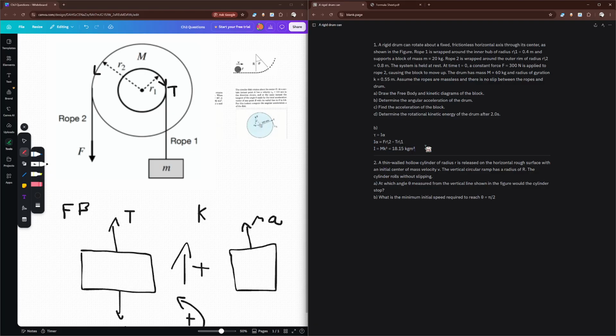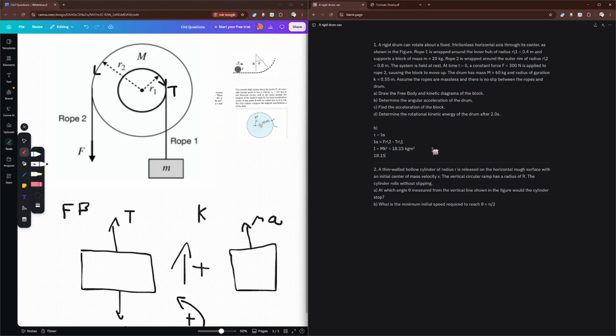So now we're going to take this equation and plug stuff in. We have 18.15 alpha is equal to, so force is 300, R2 is 0.8, right? Minus, and R1 is 0.4, 0.4 T, right?